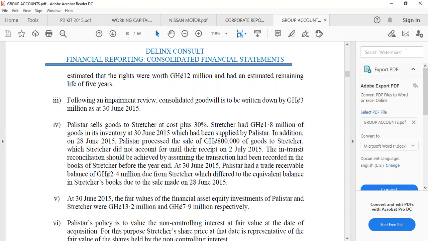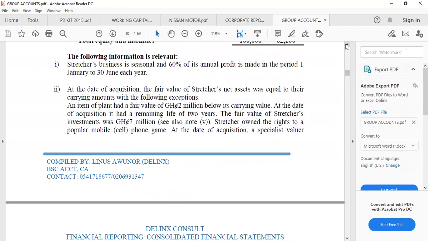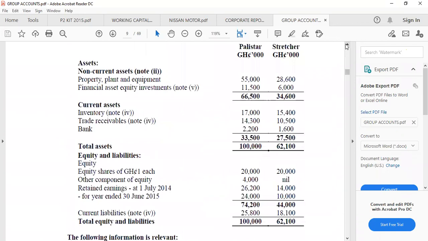All right. So ask yourself, what was the value of Polystar's financial assets? What is the value in the statement of financial position? 11,000. So what is happening? Is it a reduction or increase? It's an increase. By how much?